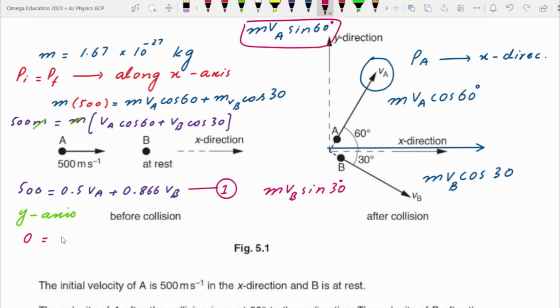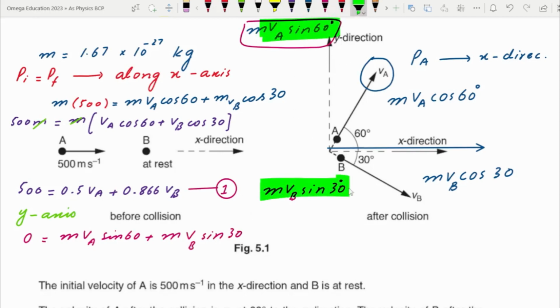So first we write down the expression. I can write down the expression first and then we can break it down, we'll make it simpler. M VA sine 60 plus M VB sine 30. Okay, where do we get these values from? From here. This is where we're getting these values from.